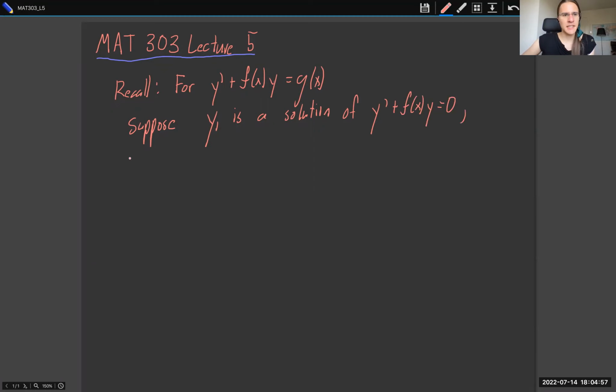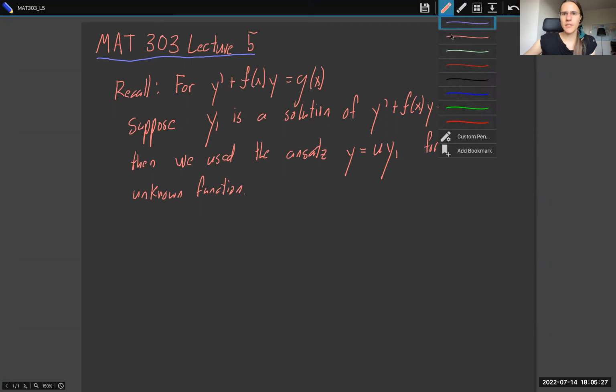Then we used the ansatz of y is equal to u y1, where u is an unknown function. So what we're going to do for second order systems is precisely the same thing.